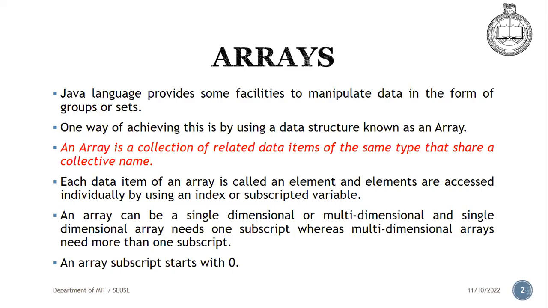For example, in your case, you will have an index number or a registration number, so that using that, the particular student can be identified and his or her details can be accessed.